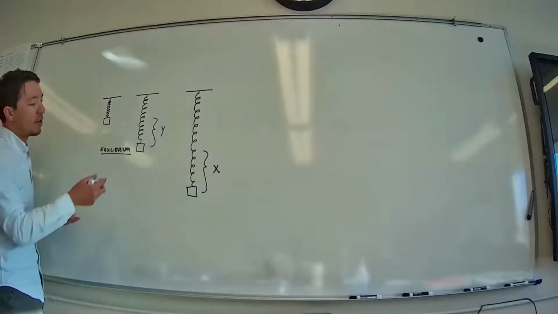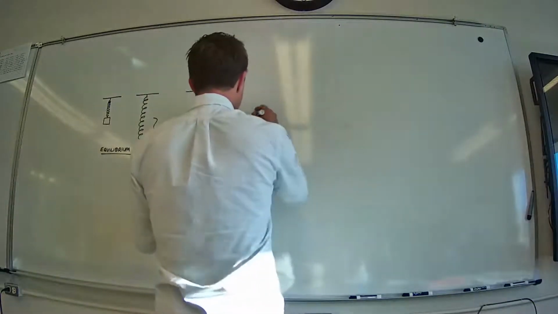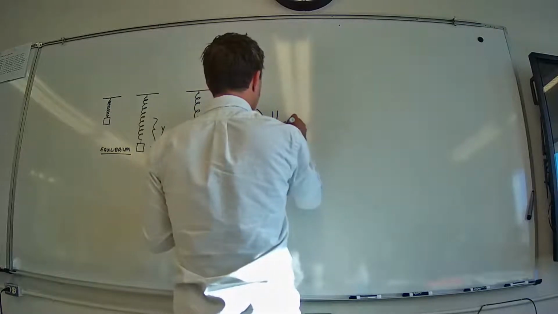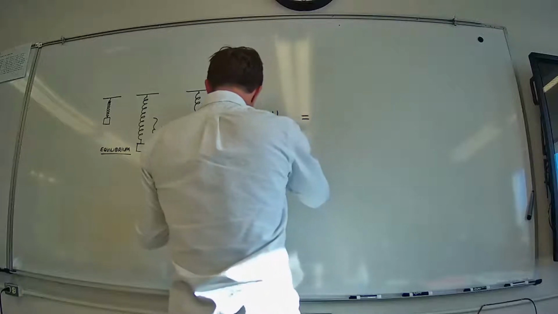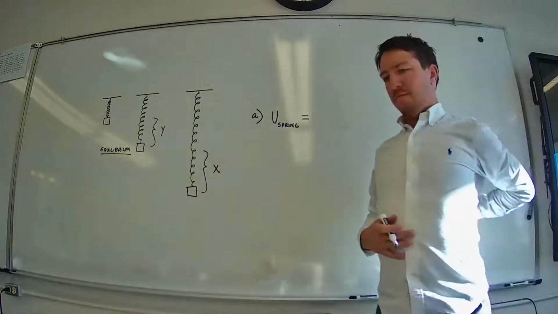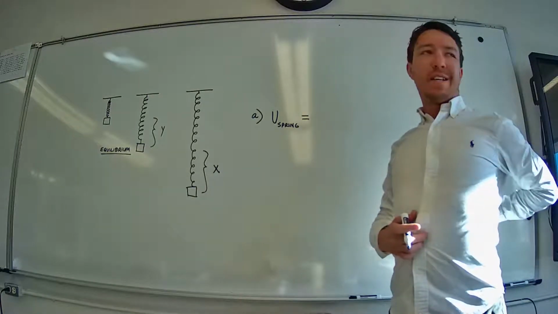Okay, so the first question is how much energy is stored in this spring right here? Can you do equilibrium plus the amount of distance in X and find them together? Like K equals 1. You're overcomplicating it.